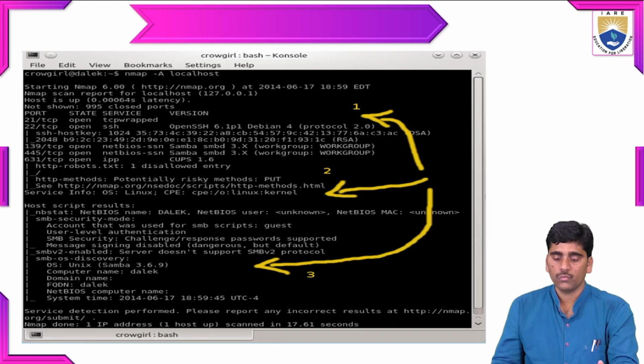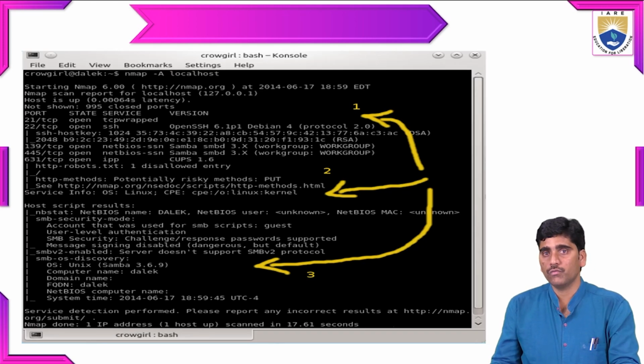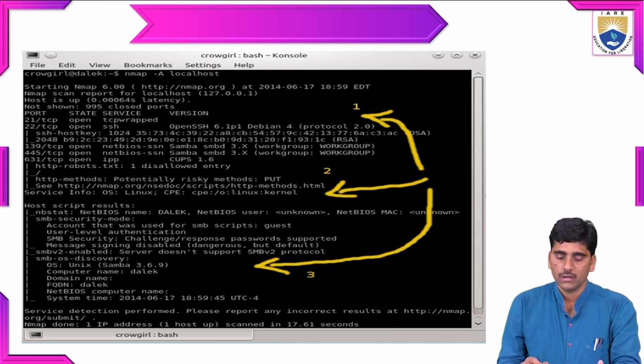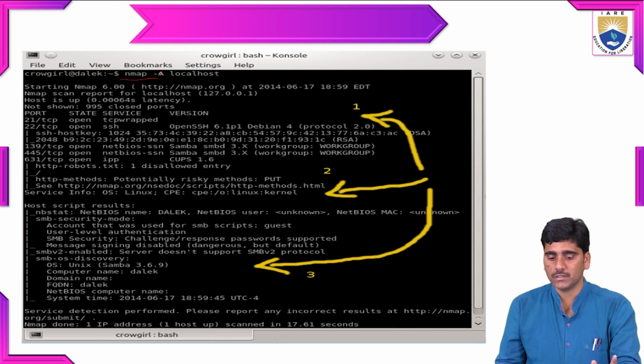Here we can see how OS fingerprinting works with the help of the Nmap tool. We type nmap -A localhost. If I type that command, it displays what type of operating system we are using on the system.